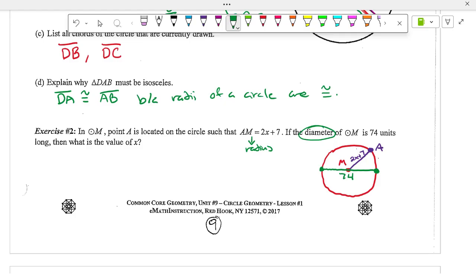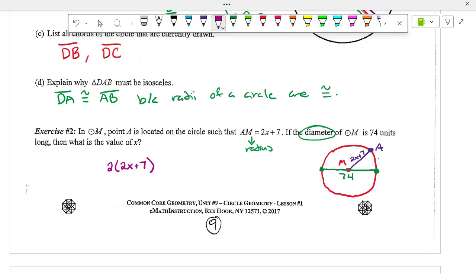So a radius and the diameter are not congruent. You could either divide the 74 by 2 or you could double this equation. So 2 ways you could set it up.